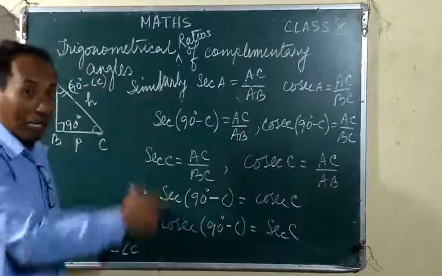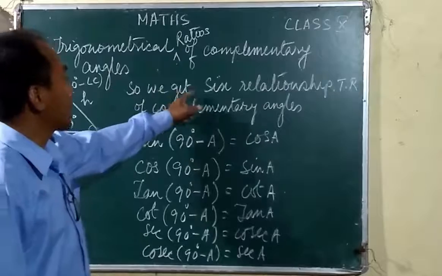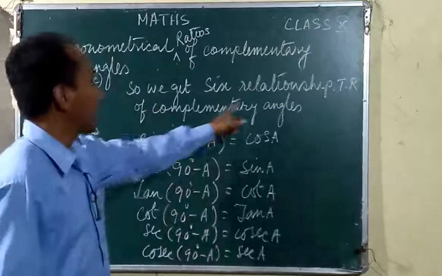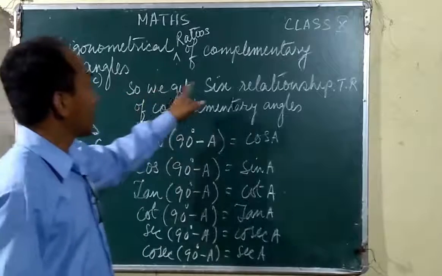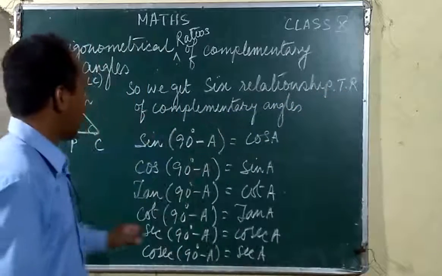So in that way, we get 6 relationships of trigonometrical ratios of complementary angles. I will say again, we get 6 relationships.